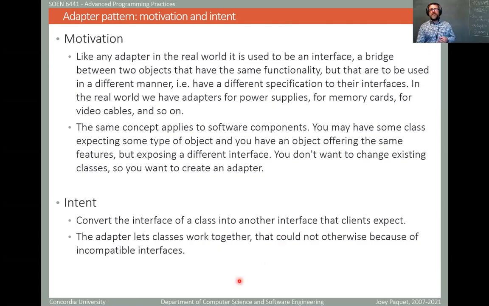So the intent, therefore, is that the adapter lets classes work together that could not otherwise because of incompatible interfaces. So the assumption is that these two classes, these two file readers, are separate classes and they use a different method name.